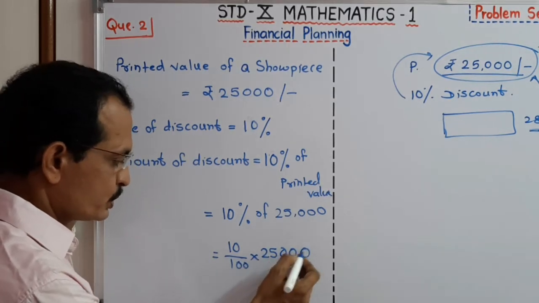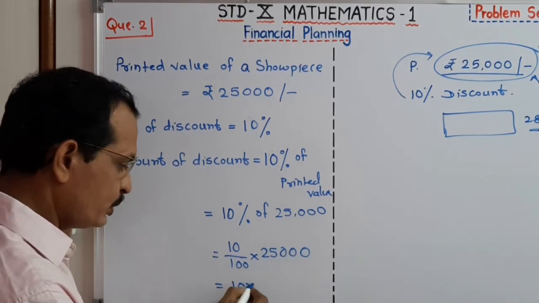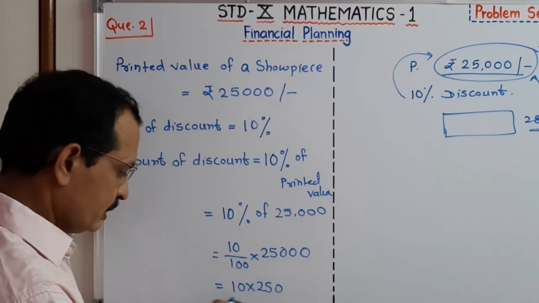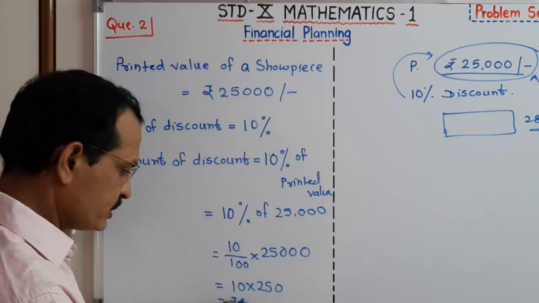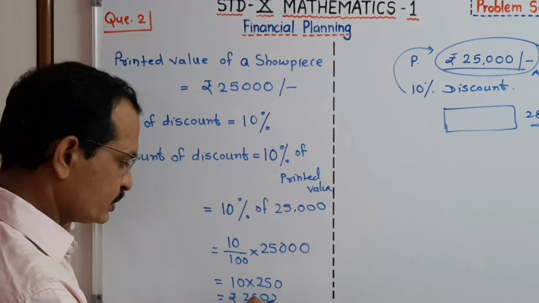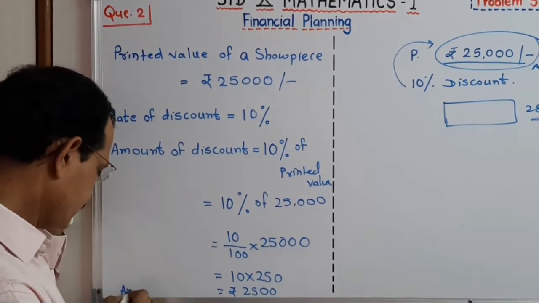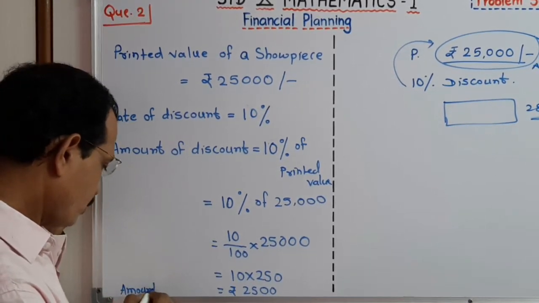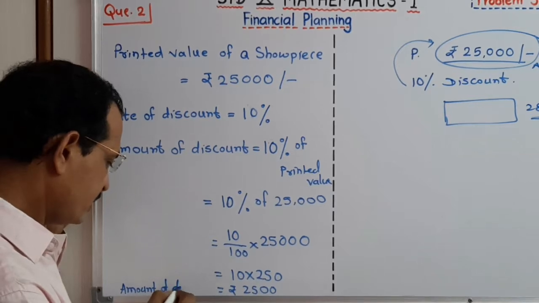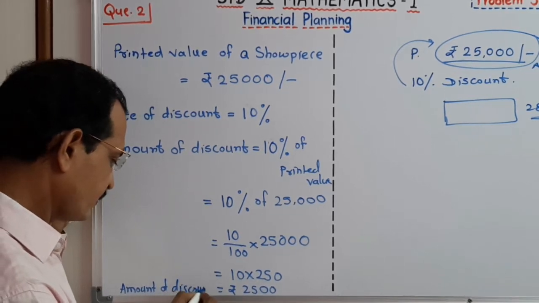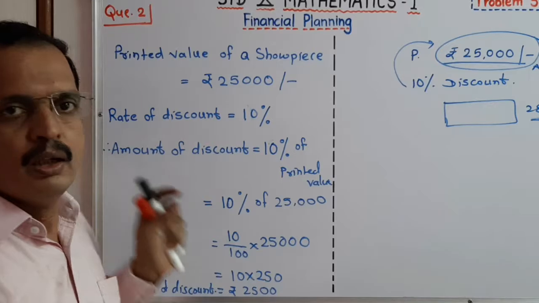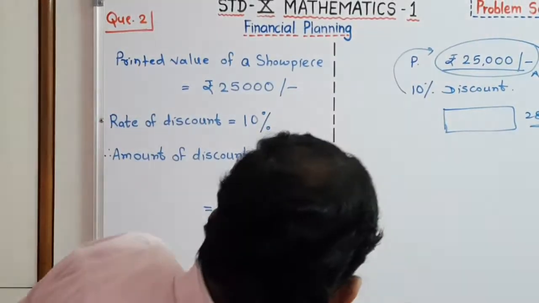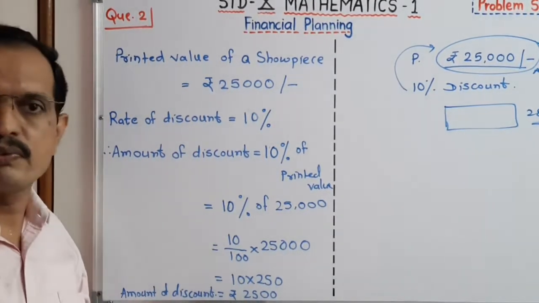This 100 gets cancelled. It is 10 into 250. Therefore rupees 2500. This is the amount of discount. The amount of discount is rupees 2500.